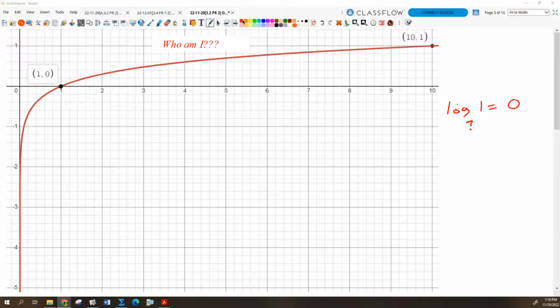What's the only way that any base taken to some power is going to give you back 1 for an answer? 0, right? That's the zero power property. Anything to the 0 power, other than 0, is equal to 1, right? So you know that regardless of the base of the log, in fact, rather than a question mark, let's be a little better than that. Let's call it a b.